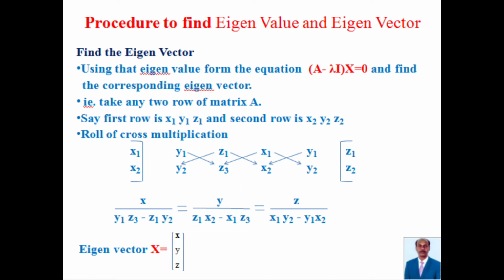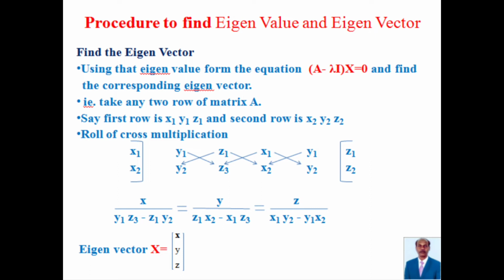Likewise, for the second variable y, we consider z1 x1 and z2 x2. Cross multiplying, we get z1 x2 minus x1 z2. Then for the third variable z, we consider x1 y1 and x2 y2. Simplifying, x1 y2 minus y1 x2.